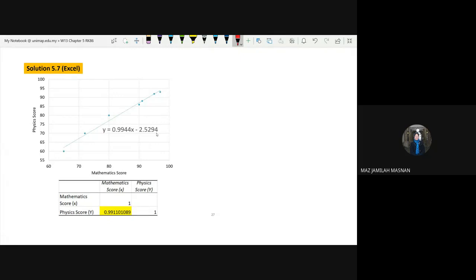In this case, this has been done by Excel, and what next you need to know is how to interpret. Again, remember your equation line should not go below this one, so it should start from here.